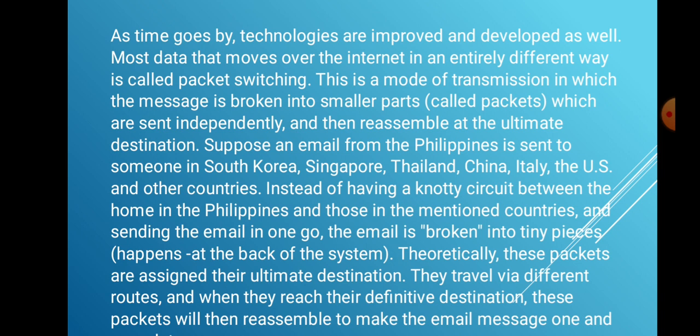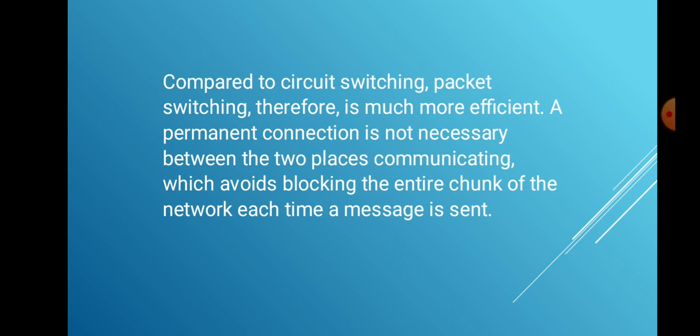They travel by different routes, and when they reach their definitive destination, the packets are reassembled to make the email's message whole. Compared to circuit switching, packet switching is therefore much more efficient. A permanent connection is not necessary between the two places communicating, which avoids blocking the entire chunk of the network each time a message is sent.